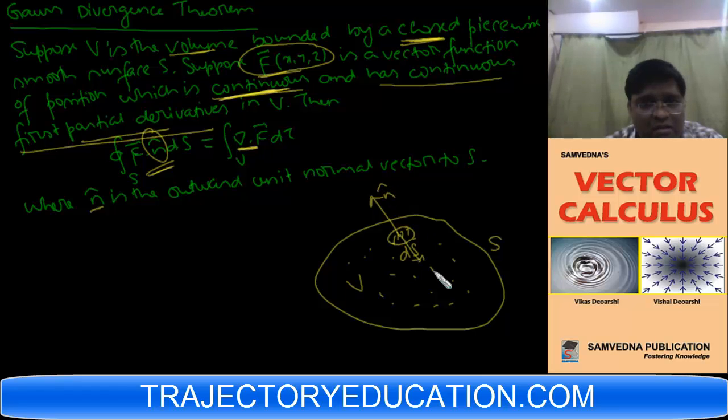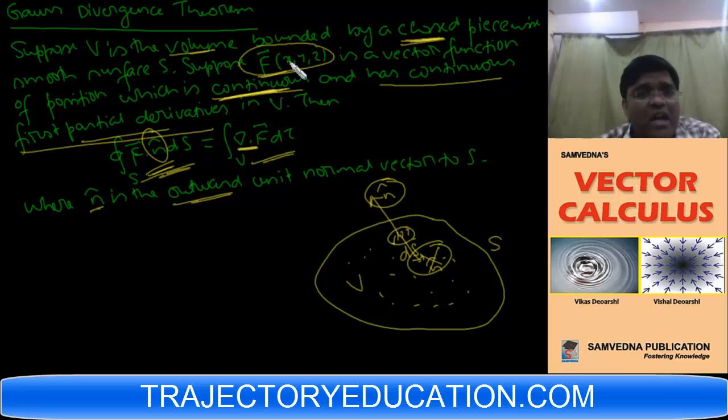One is outward drawn. Outward means outward from the volume V. So this is your n. This is not n. In this Gauss divergence theorem, n is an outward drawn normal.